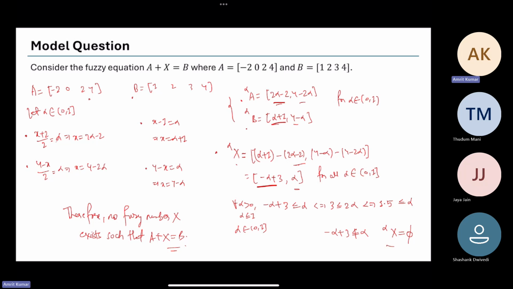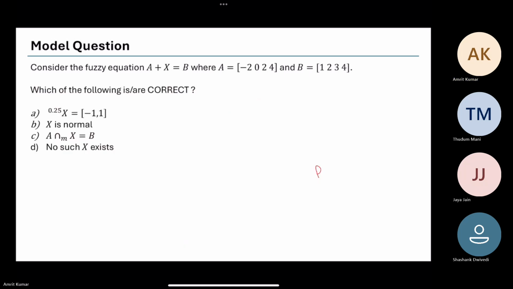But it turns out that is not the case, because the left endpoint is always strictly greater than the right endpoint. So therefore, no fuzzy number X exists such that A plus X equals B. In other words, no such X exists.